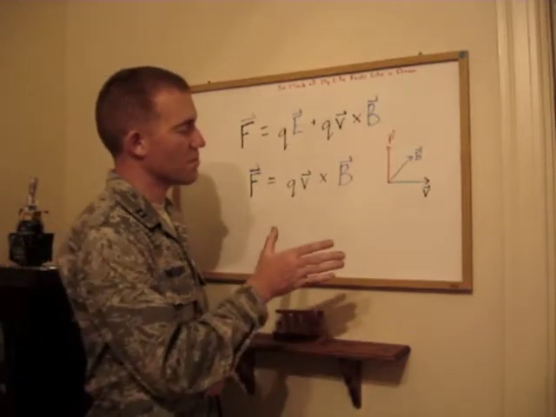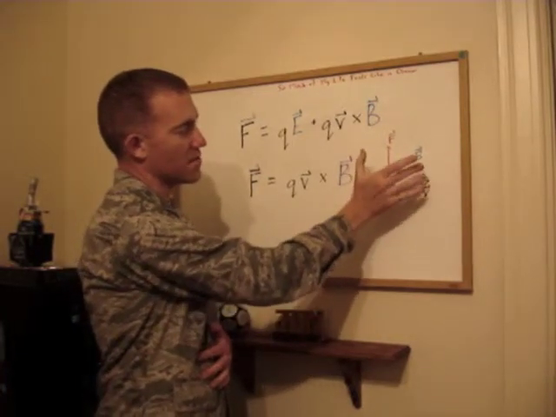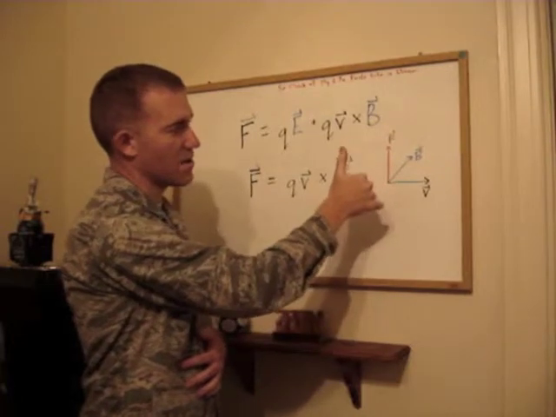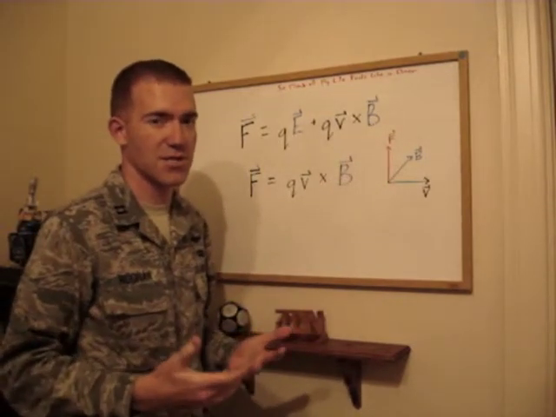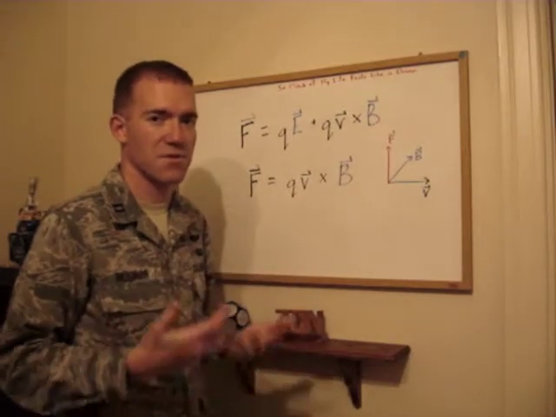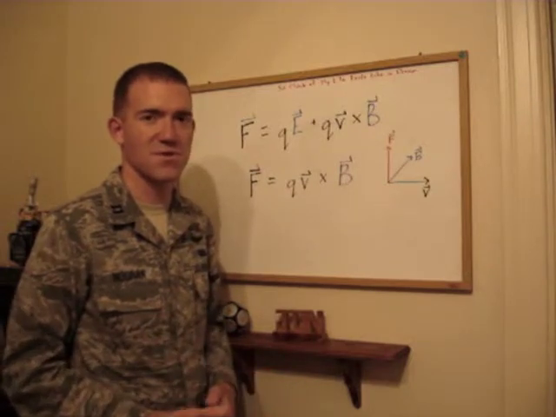Using the right-hand rule, we put our fingers along the line of the current, fold them in the direction of the magnetic field, and the thumb shows the direction of the resultant force. That is the basic explanation of the Lorentz force.